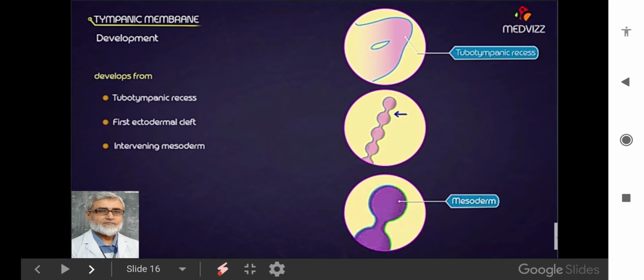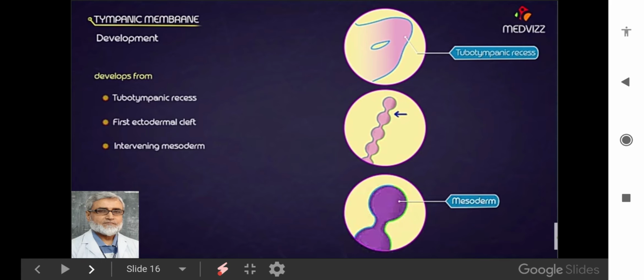Not the complete second pharyngeal pouch, but part of the second pharyngeal pouch. They oppose the first ectodermal cleft with the mesoderm lying in between.